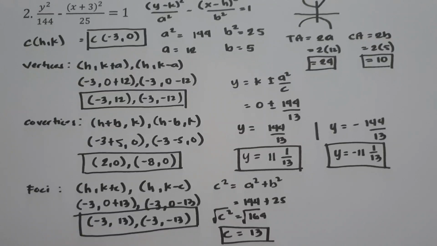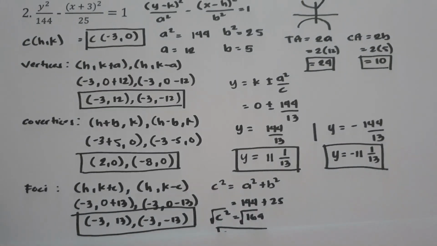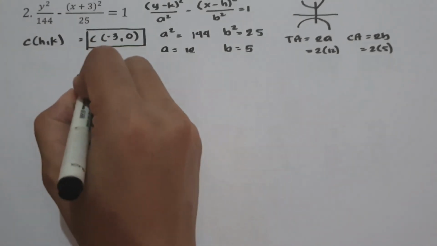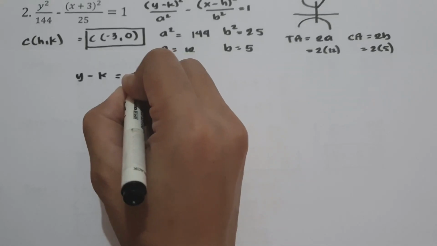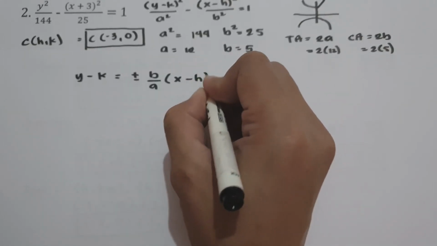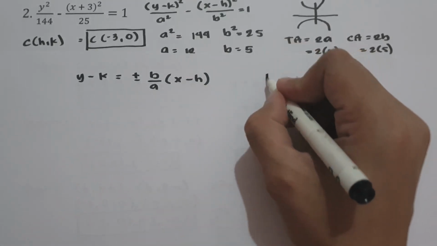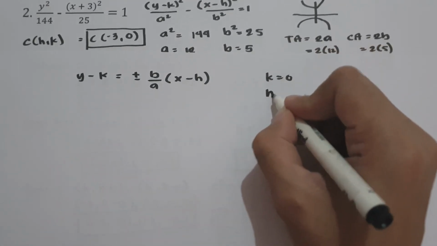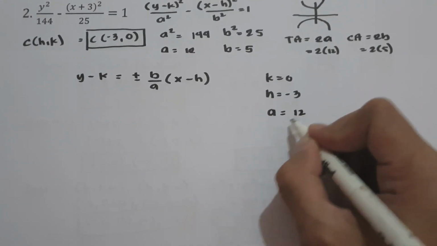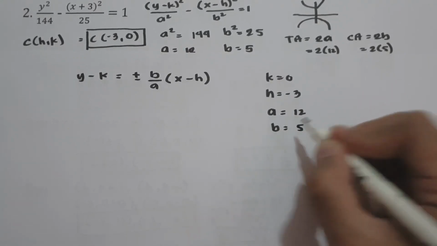And to find the asymptotes of our hyperbola, since our hyperbola is vertically oriented, let us use the formula y minus k equals positive or negative b over a times quantity x minus h, where the value of k is 0, the value of h is negative 3, the value of a is 12, while the value of b is 5.